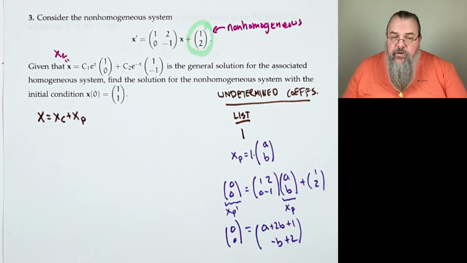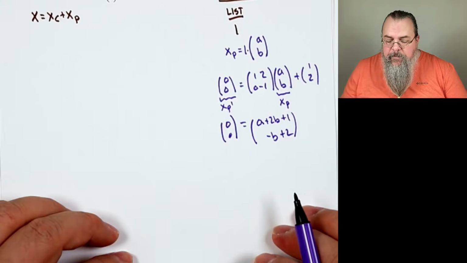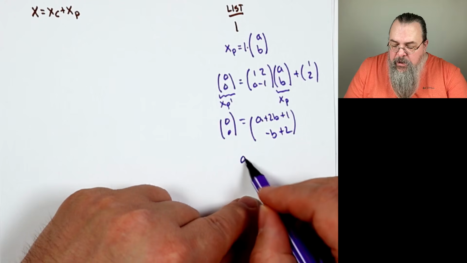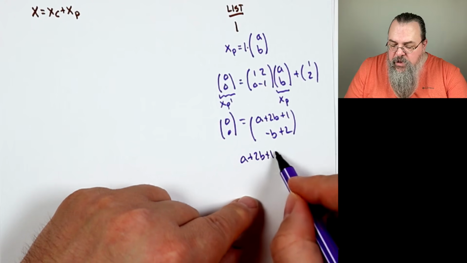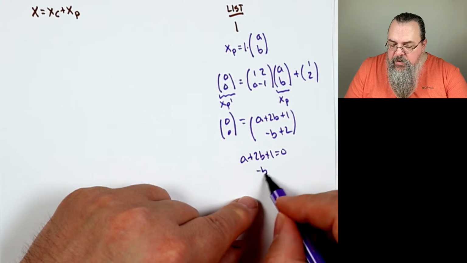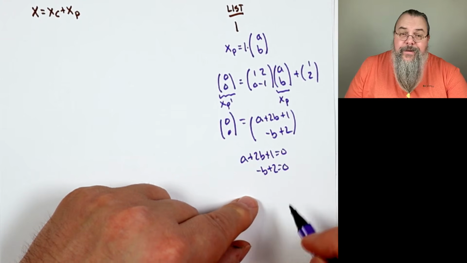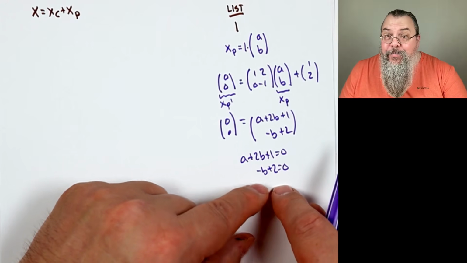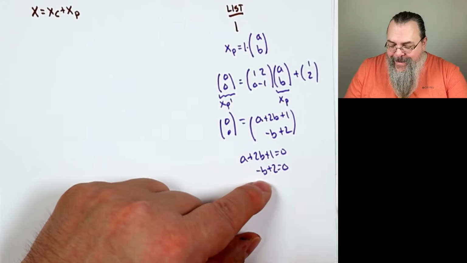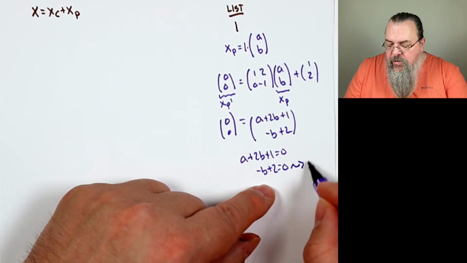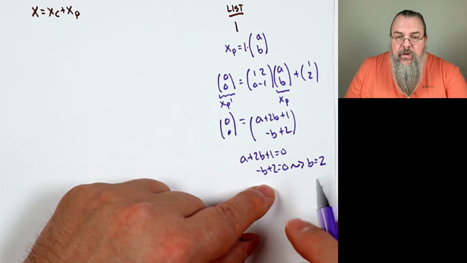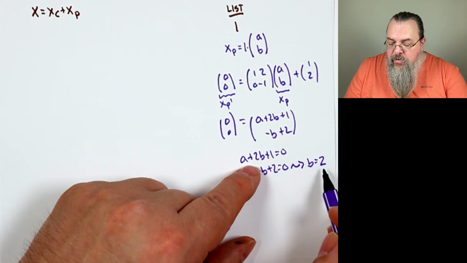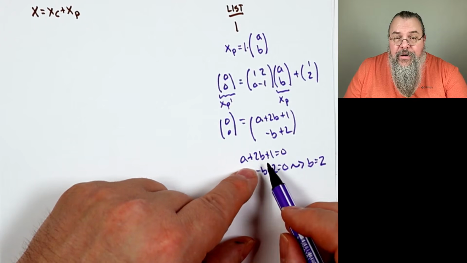Well, that leads us to a system of equations. We get a plus 2b plus 1 equals 0, and minus b plus 2 equals 0. Well, the second equation is pretty straightforward. No big surprises. We like that. This tells us that b should be 2. Now that we know b is 2, we say, oh, 2 times 2 makes 4, plus 1 makes 5.